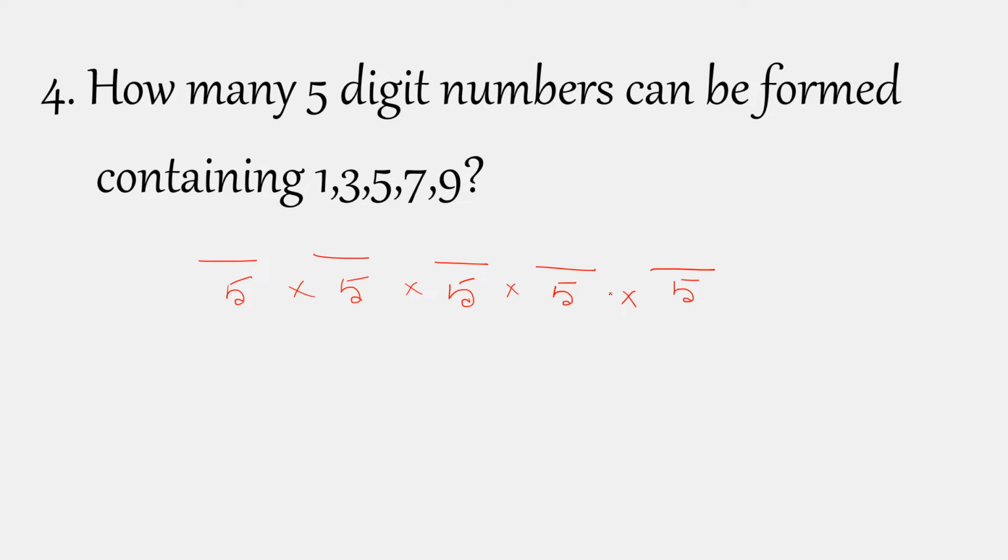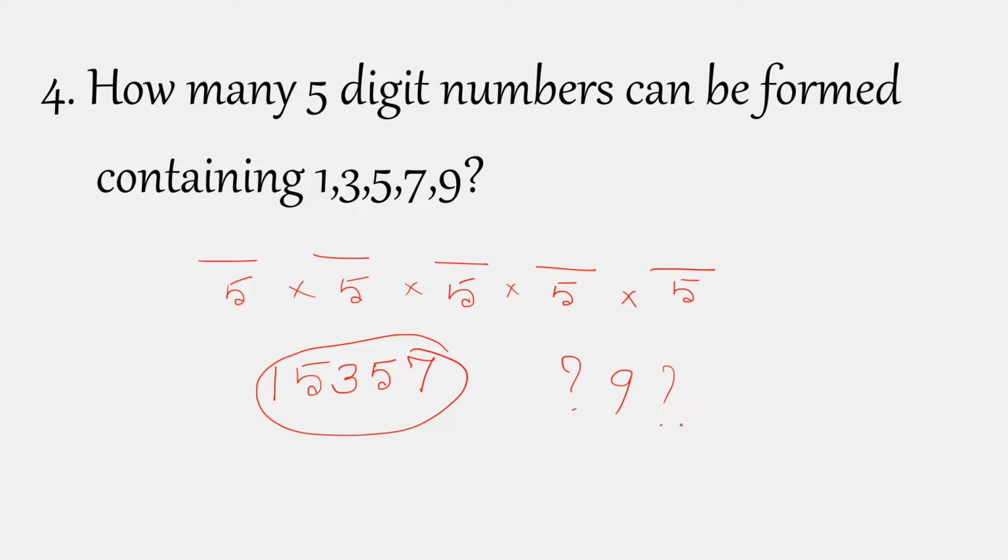If I write like this, I'll give you an example. In the first digit I am writing 7, in the second digit 5, and again 3, 5, 1. I have the freedom of writing all the 5 digits in any place. But if I write like this, where is 9?